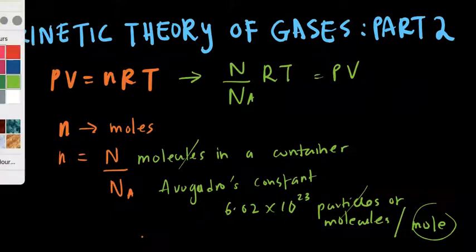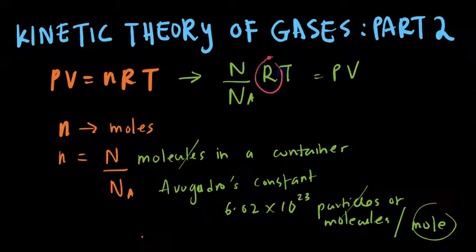Another constant. Previously, we talked about R, which is the universal gas constant. If I factor out R over N_A, where R is a constant and N_A is also a constant, the Avogadro constant, I say this is actually k. Sorry, it's a small k.